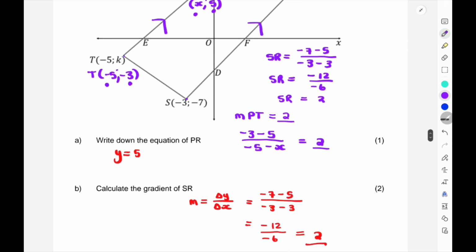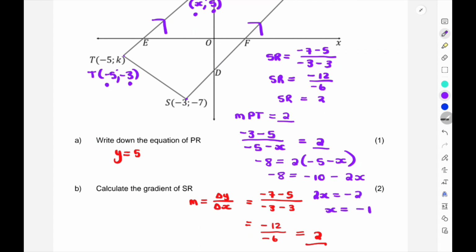So -3 minus 5 is -8, and I equal it to 2 times (-5 minus x), which is -10 minus 2x. So 2x is equal to -10 plus 8, which is -2. So x is equal to -1.